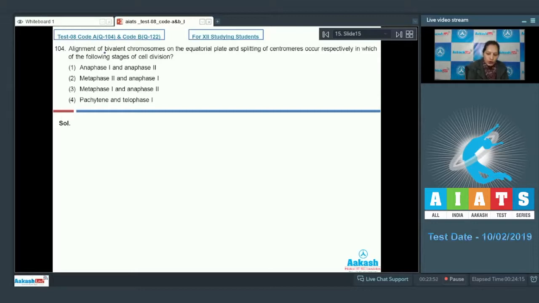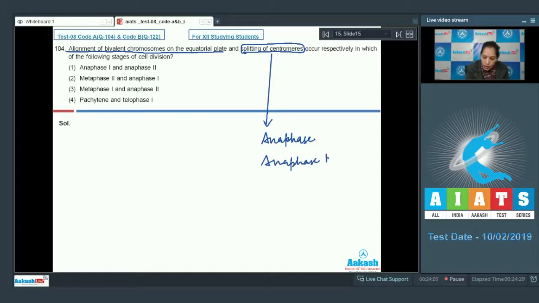Alignment of bivalent chromosomes on the equatorial plate and splitting of the centromere. Splitting of the centromere takes place in anaphase of mitosis and anaphase 2 of meiosis, because meiosis 2 is similar to mitosis. So for the second, it is anaphase 2.